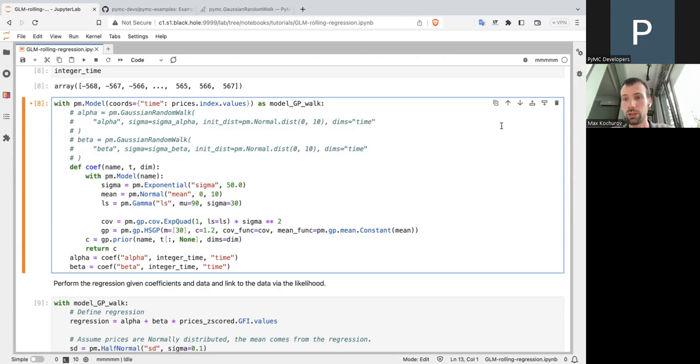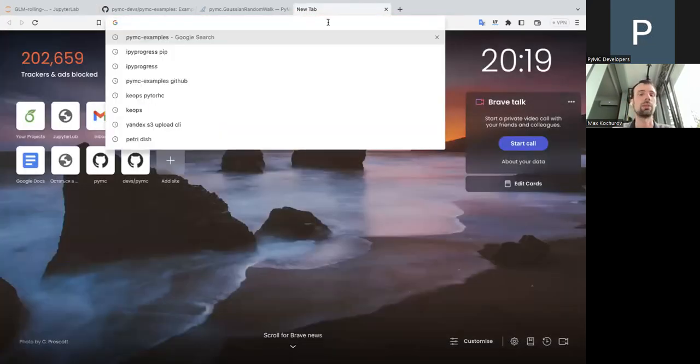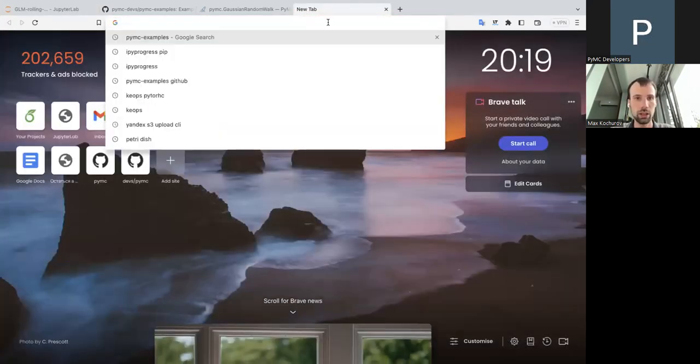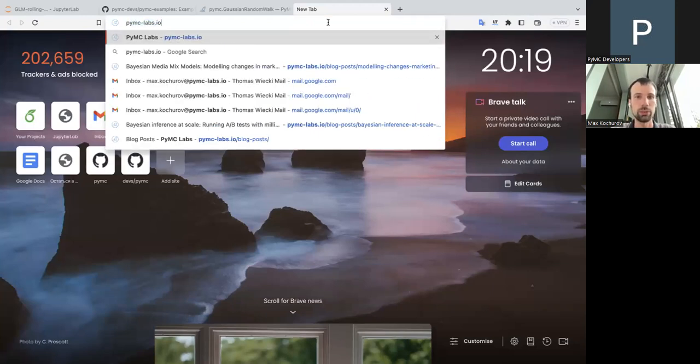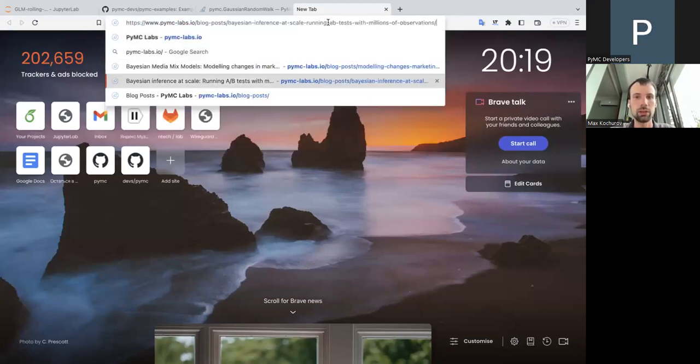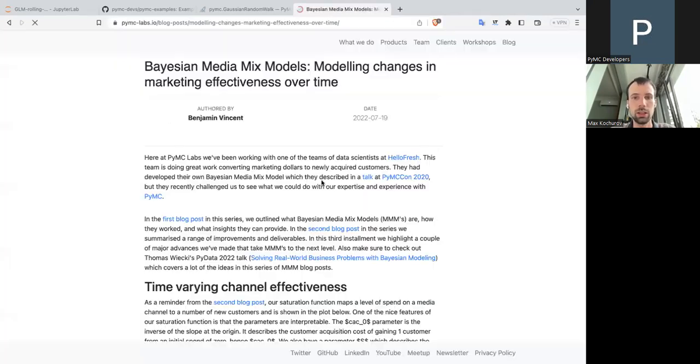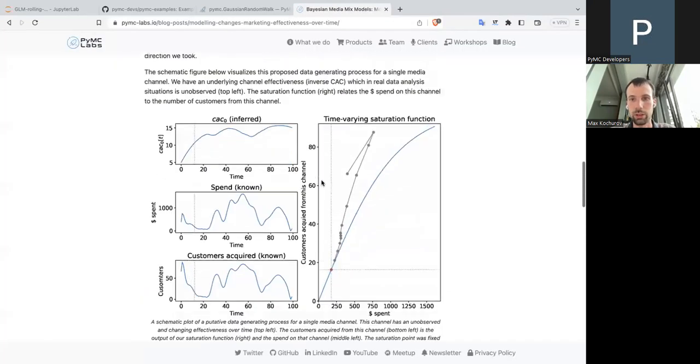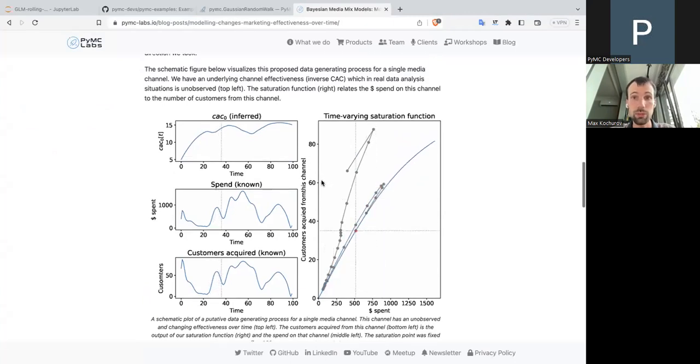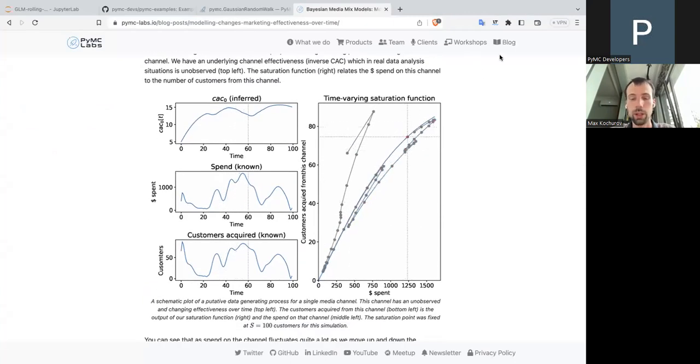One of the great examples that can be found on the internet is from PyMC Labs, modeling changes of marketing effectiveness over time. For a HelloFresh client, in PyMC Labs, we built a marketing model where customer acquisition cost changed in time.